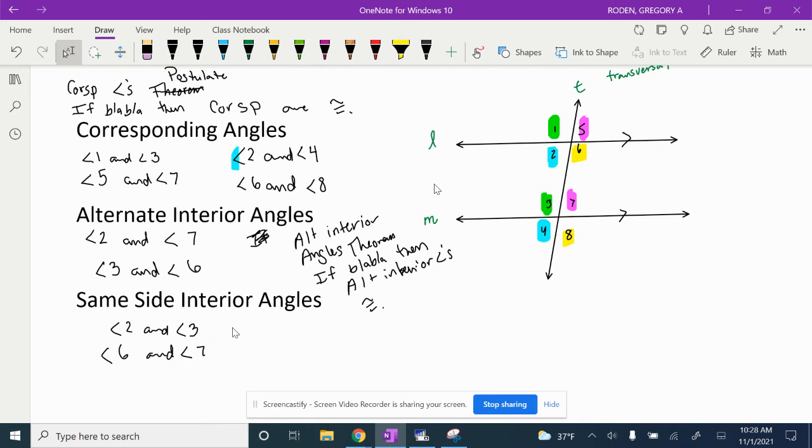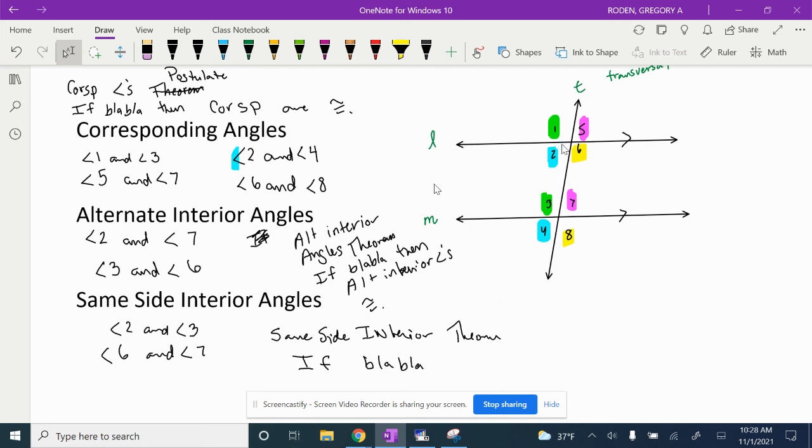Now, what do we know about the same side interior angles theorem, Nicole? Who can raise their hand and help her out? What's the same side interior angles theorem? George, what do you got? It's blah blah when the same side interior angles are supplementary. Very good. If blah, blah, they're not congruent in this case.